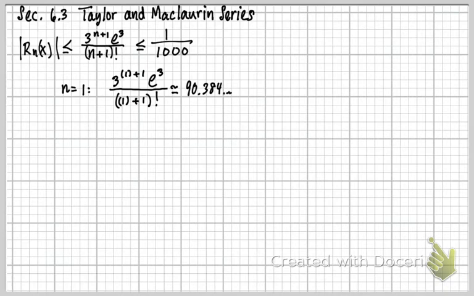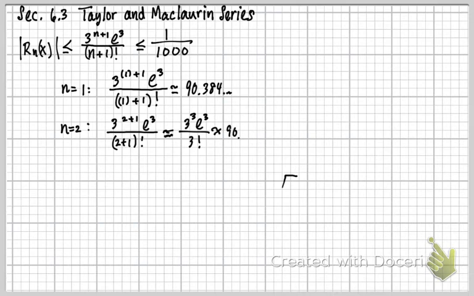So then I try n equals 2, and I run through the same process. That approximates to 90.384. Now it looks like it's about the same.